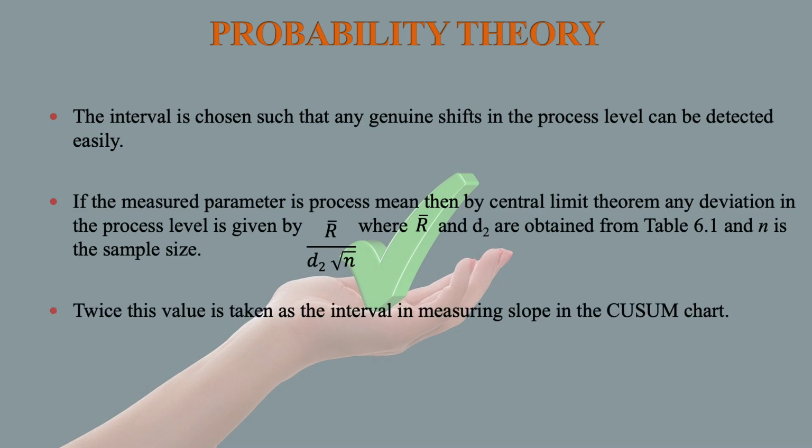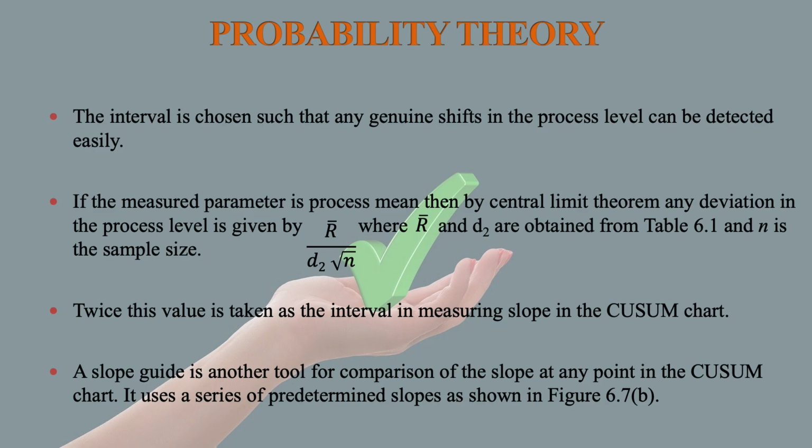Twice this value is taken as the interval in measuring slope in the Q-sum chart. A slope guide is another tool for comparison of the slope at any point in the Q-sum chart. It uses a series of predetermined slopes as shown in figure 6.7b.